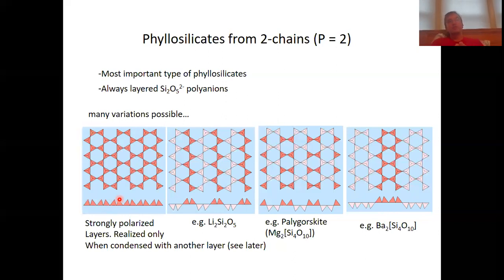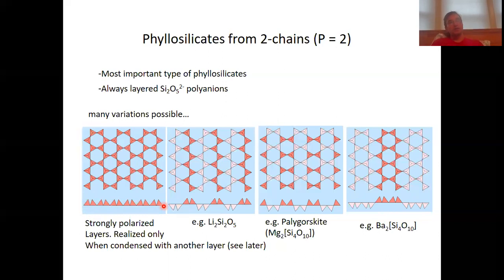And for that reason, all these oxygens must carry a 1 minus negative charge. Therefore, these layers are strongly polarized. So you have layers of negative charges on that surface, while you have no negative charges on the other opposite surface of the layer.